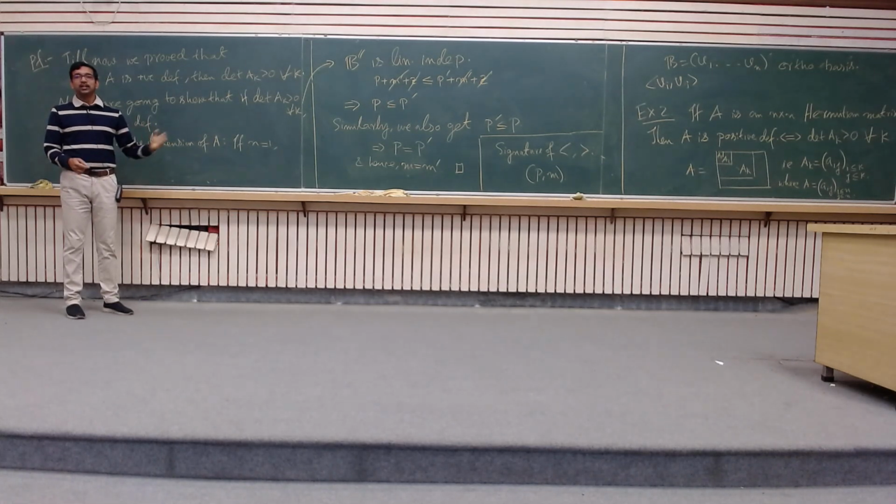Now A there is just a scalar, and you are multiplying it with the norm squared of some non-zero scalar.